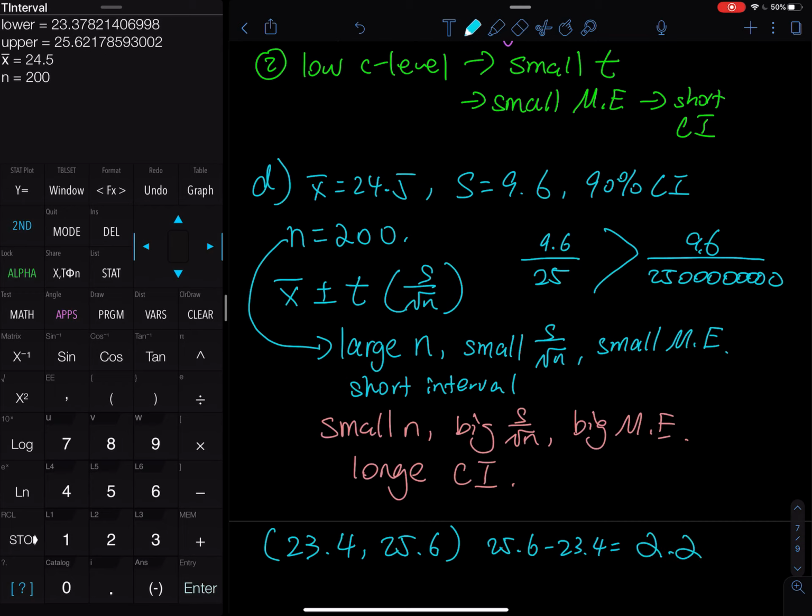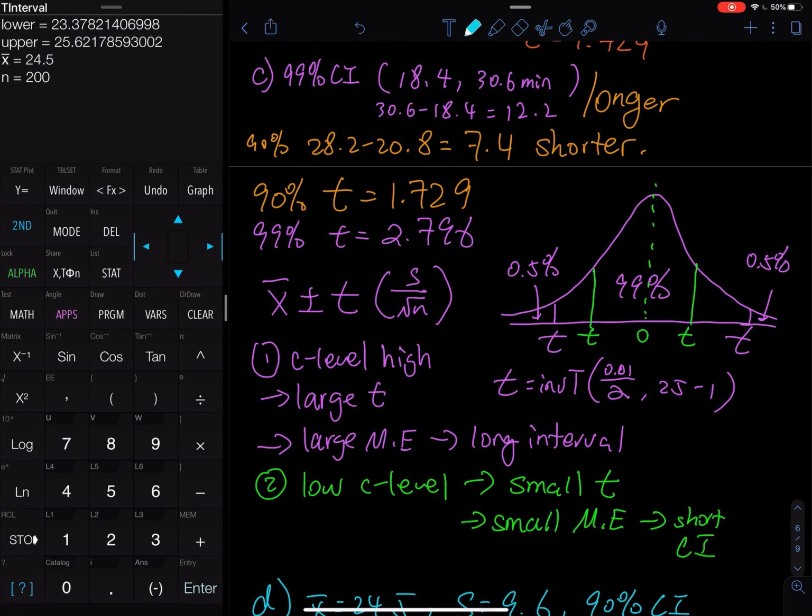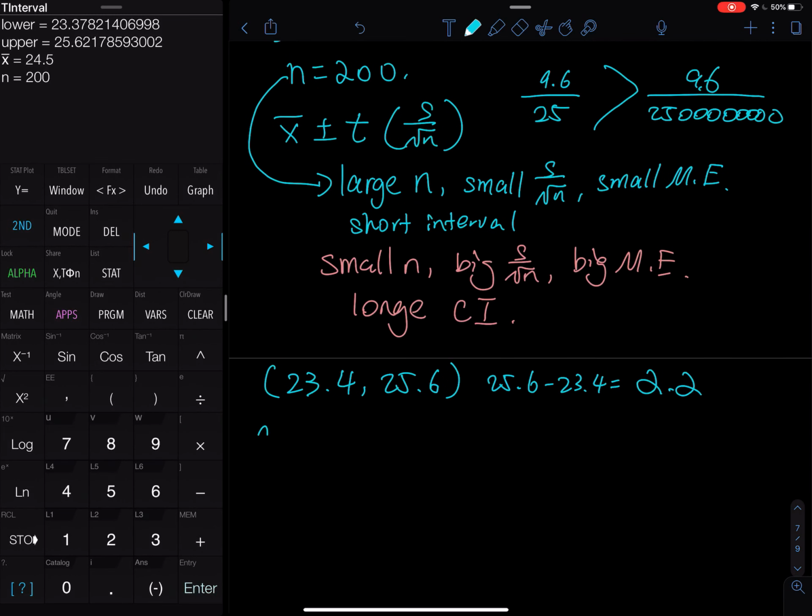And then what about the first one? On the first one, the 90%, n equals 25, we have 7.4. So this one is so much shorter because we make the sample size large.